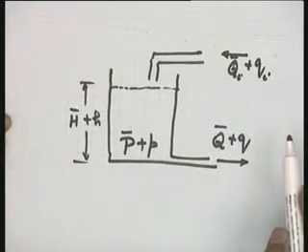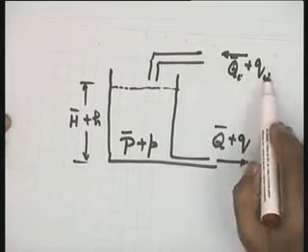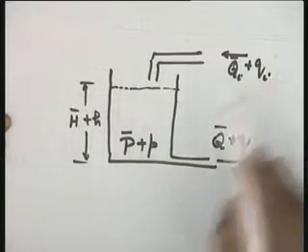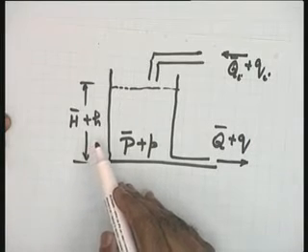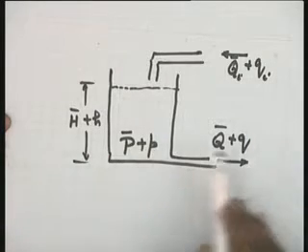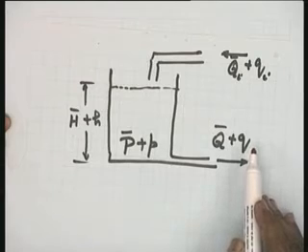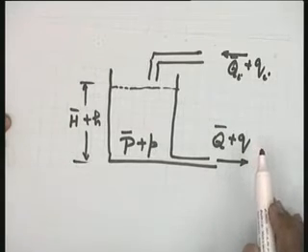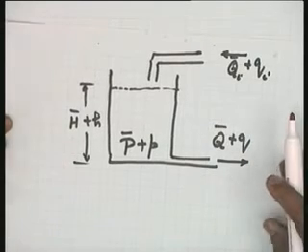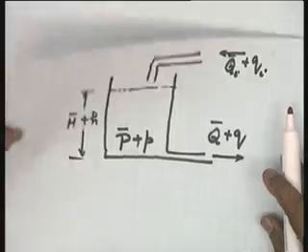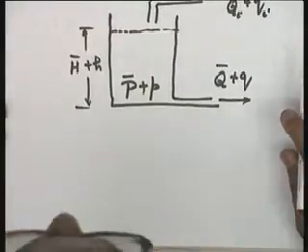So you see that the manipulated variable in this particular case is Qi, the controlled variable in this particular case is H, P or Q, depending upon the mathematical model, in what way we write our mathematical model.